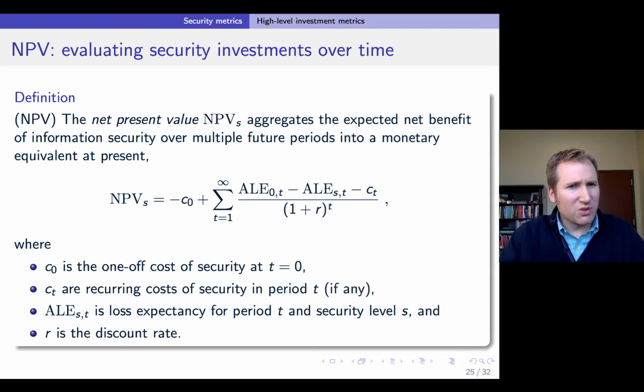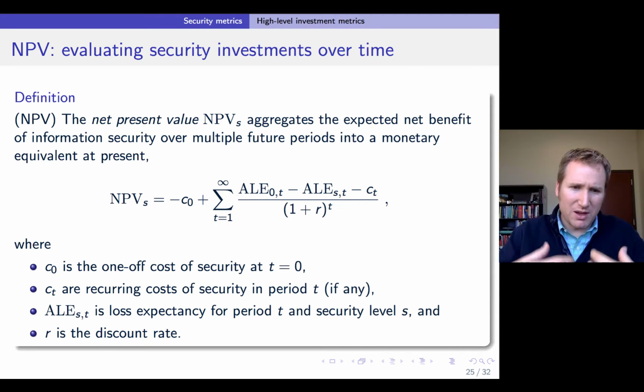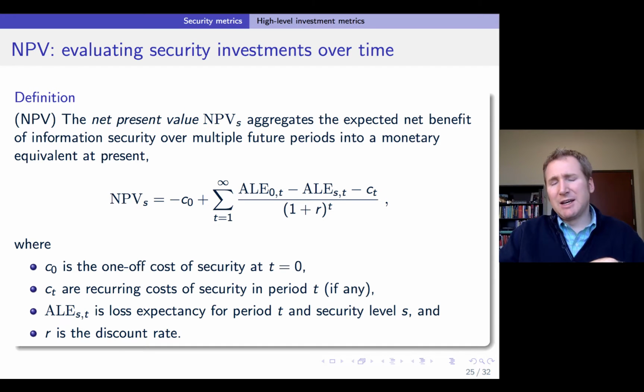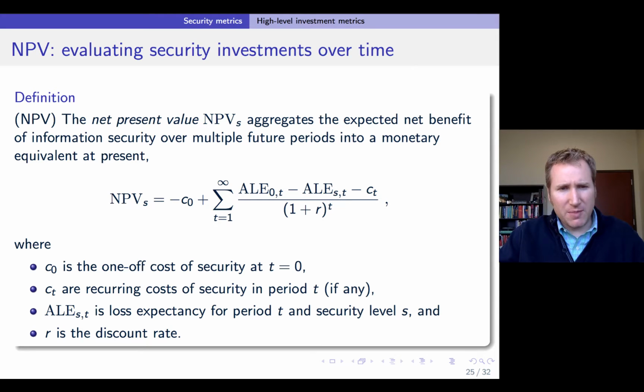However, it has some drawbacks, one of which is that it just considers a single point in time. In reality, investments often occur over longer periods of time, and you may have events at different periods of time. So we'll conclude by talking about two different metrics which actually consider the role of time in coming up with the measures.